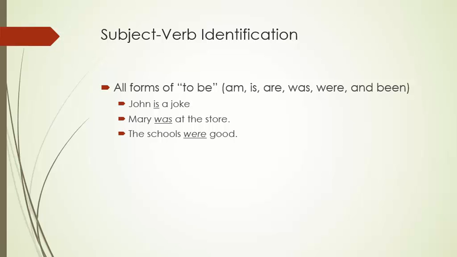For example, in the sentence, John is a joke, the action of that sentence is to equate John and a joke. In the sentence, Mary was at the store, the action of that sentence is to place Mary at the store. In the sentence, the schools were good, the action of that sentence in the past tense is to show that the schools existed in a state of goodness. They were good at that time.